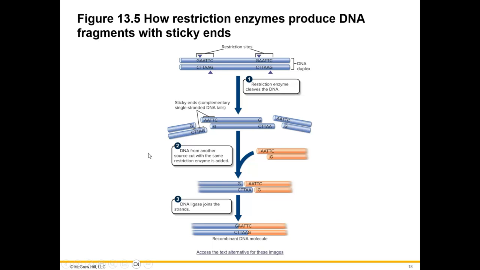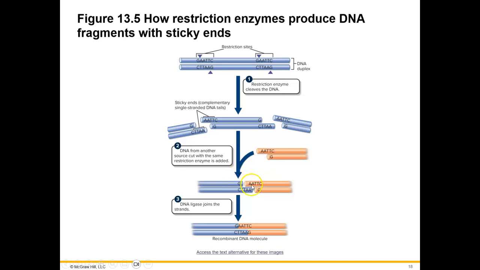And here's a look at how that process works. So we have our restriction sites shown here, which are going to be where the restriction enzymes show up. The restriction enzyme will cleave the DNA at those sites. We're going to end up with these sticky ends that we mentioned. We will then add DNA from another source that's cut with those same restriction enzymes, and then ends up with the same sticky ends.